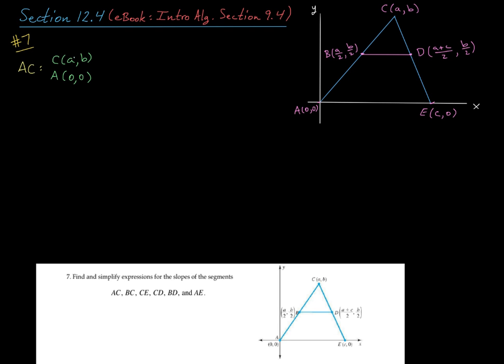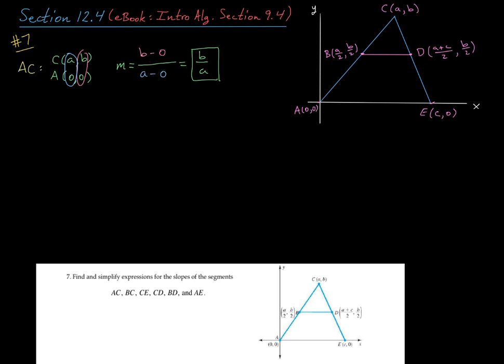Then I take the difference in the y coordinates, b minus 0, this is our rise, and the difference in the x coordinates, which is a minus 0, and this ratio is the slope. That simplifies to just b over a, which makes sense. If I start at the origin, I walk to the right a units, and then walk up b units. So rise over run would be b over a.